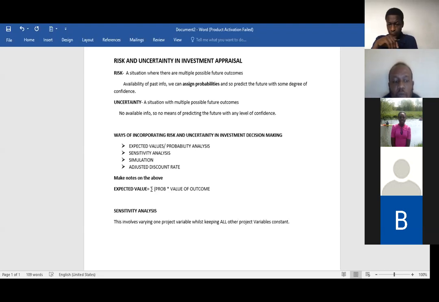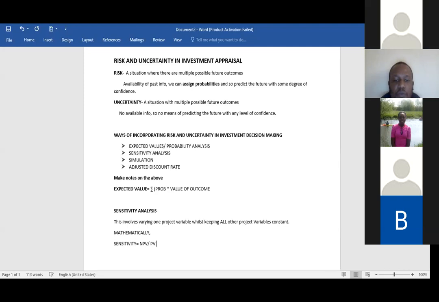So the formula for sensitivity is equal to NPV divided by present value of project variable, multiplied by 100.